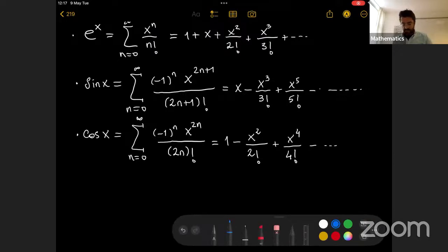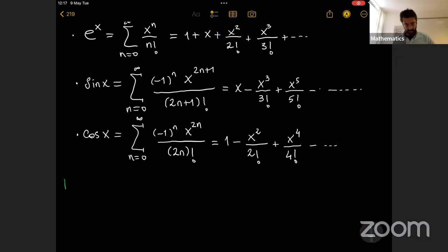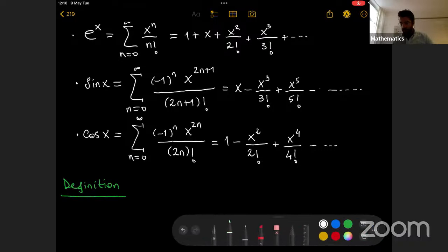Let us define an analytic function. You also remember this definition from calculus. What is an analytic function? Well, an analytic function is a function which has a power series expansion which is equal to the function itself.